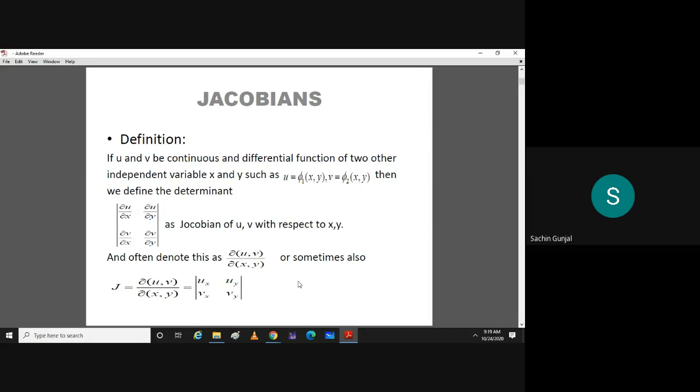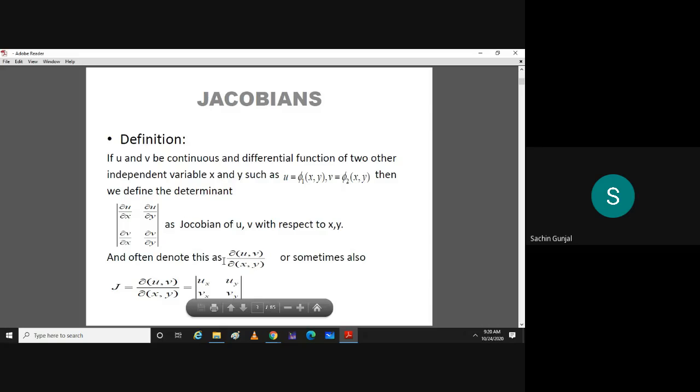Okay, so just write down these 2 variable definitions. Jacobian of uv with respect to xy.